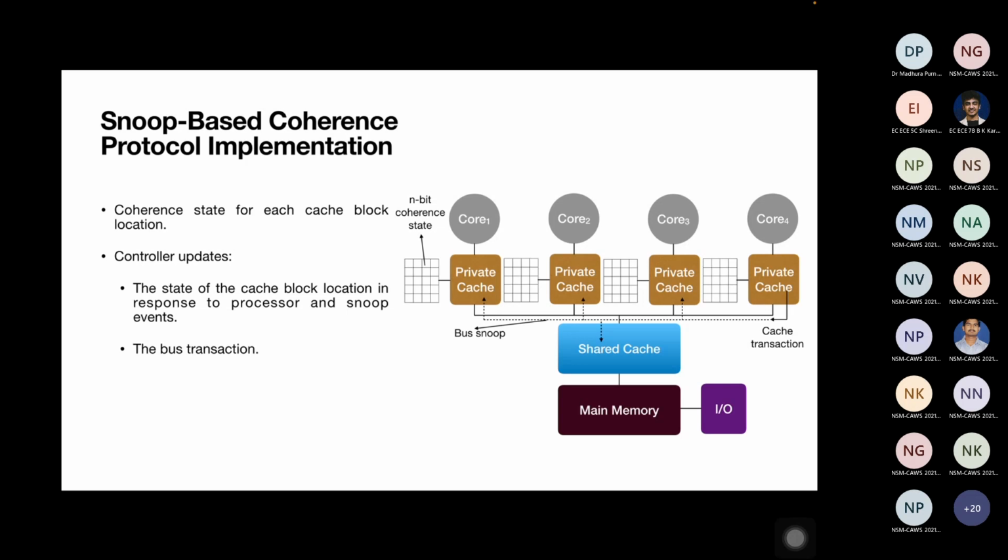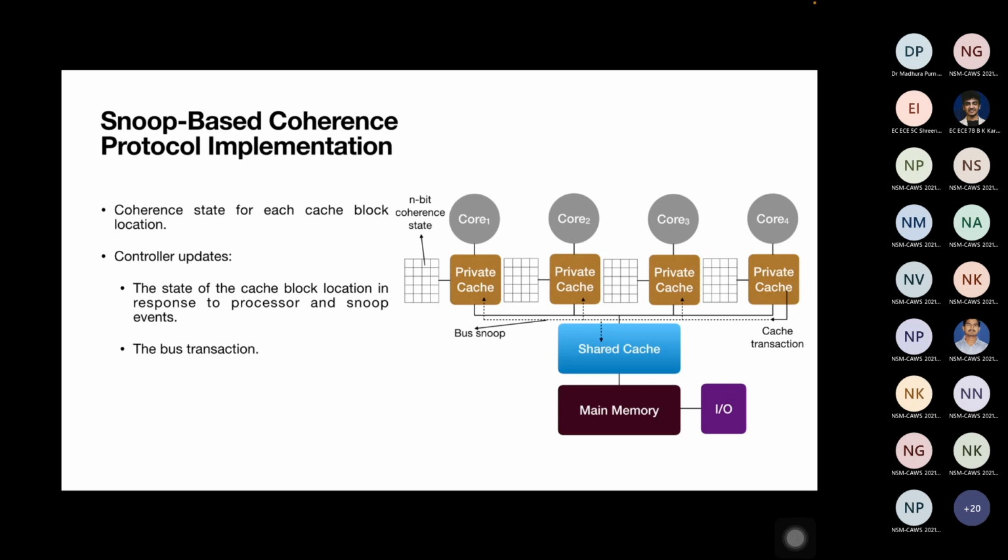Now let us assume that initially nothing is there in the cache. Once nothing is there or the block is not there, we consider the state of the block is invalid. And then let us say processor core 1 initiates a read request saying that it wants to read a block of data and it could not find the data in its private cache.